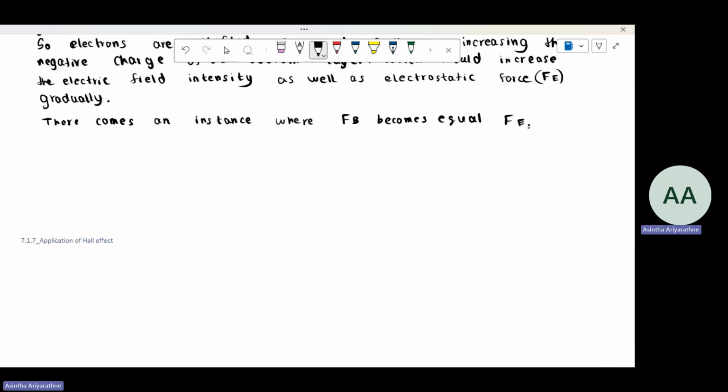So thereafter, what would happen? Then the resultant force acting on the electrons would be 0.